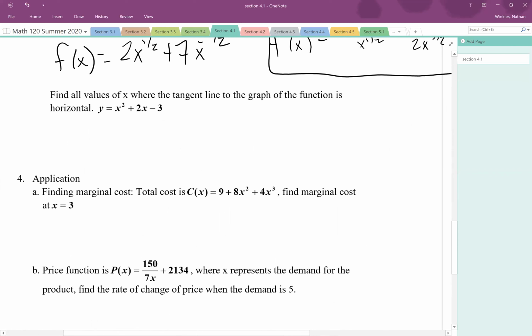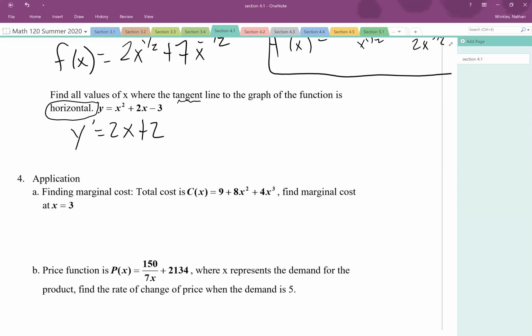These directions tell us to find all values of x where the tangent line to the graph of the function is horizontal. All right, so tangent line means we need to key in on derivative. So y prime is equal to 2x plus 2. Now the next part of this set, we start talking about horizontal and finding all our values of x.